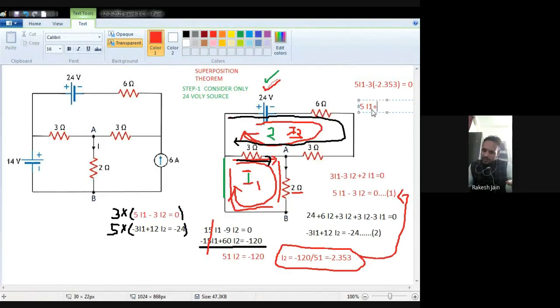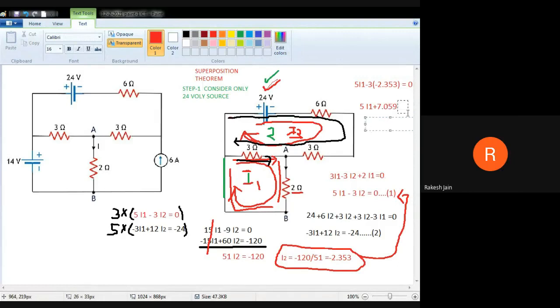This is my equation number 1, and this is my equation number 2. It is very simple to solve this kind of equation. Just multiply. Which one is the constant of I1 in equation number 2? That is minus 3.